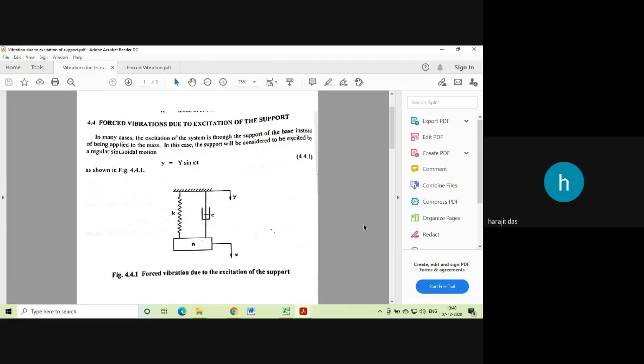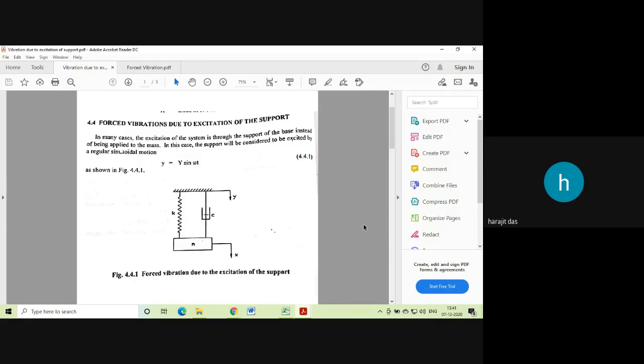Okay, so here you can see in the figure, there is a spring-mass system with a damper, or dashpot. The stiffness of the spring is K, and the dashpot has a damping coefficient of C. Here you will see two displacements while displacing the body forcefully.